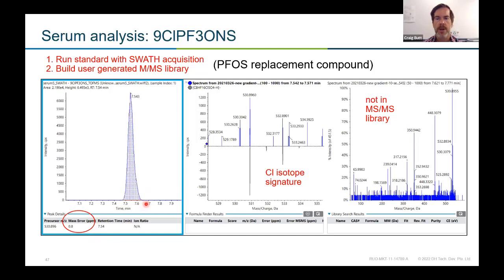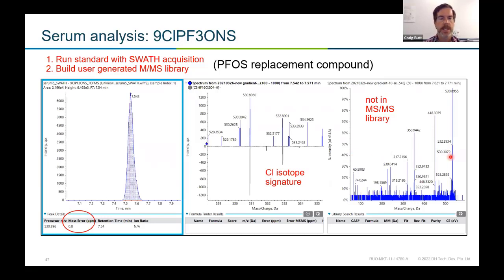What's interesting about this compound is that it does have a chlorine, and you can see from the isotope pattern it was suggestive of a chlorine in that molecule. But you'll notice we didn't have a match in our library.